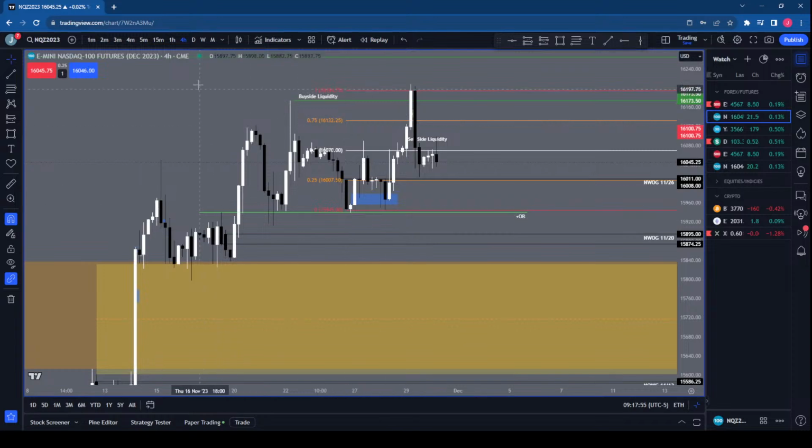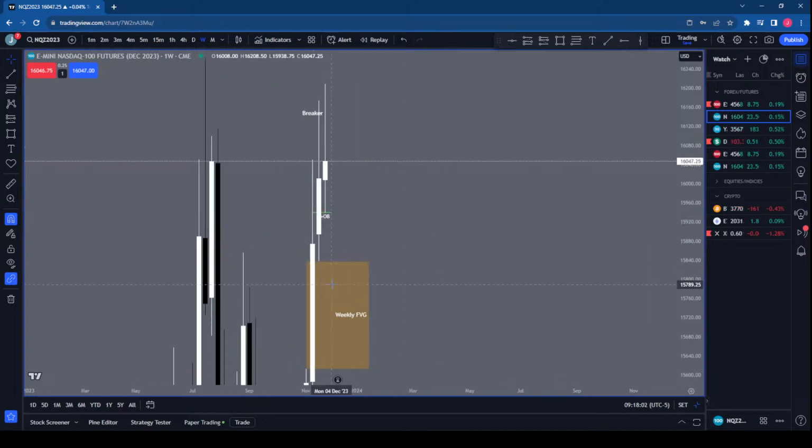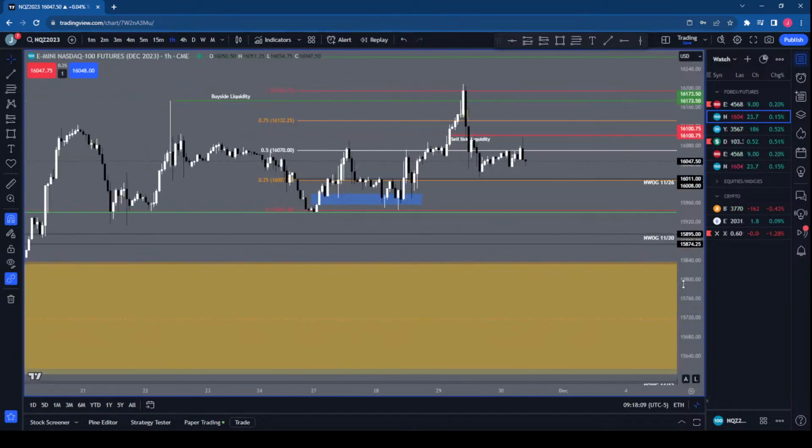And then I think once we see it clean up on the 4 hour, it'll probably be doing so on the daily, and then that's when we'll get that weekly retracement into an inefficiency.